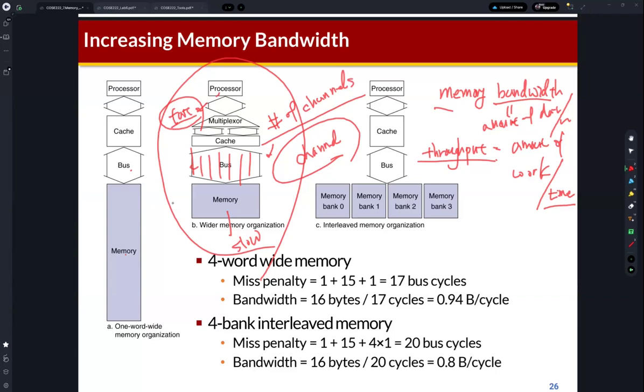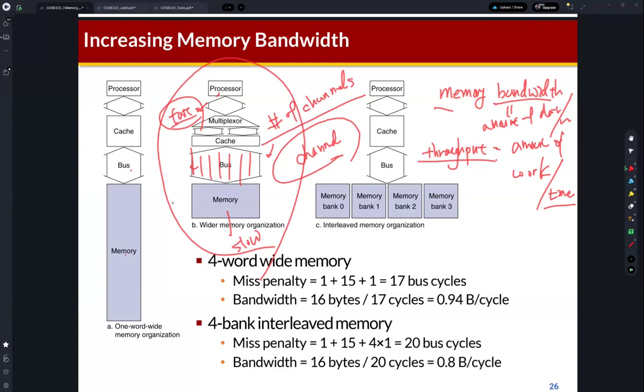You want to hire workers, but the performance of each worker is low. Then how can you increase the performance? We can increase the number of workers, right?